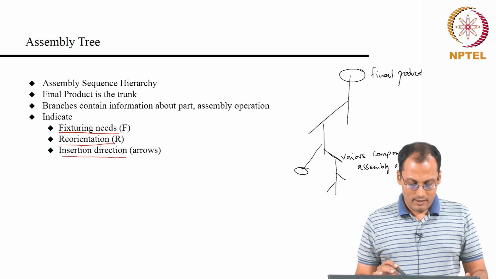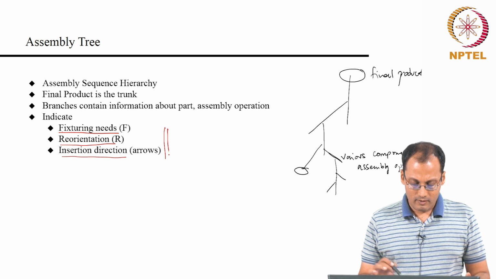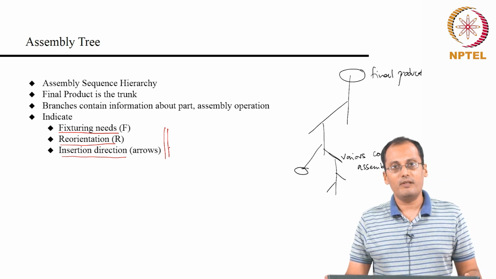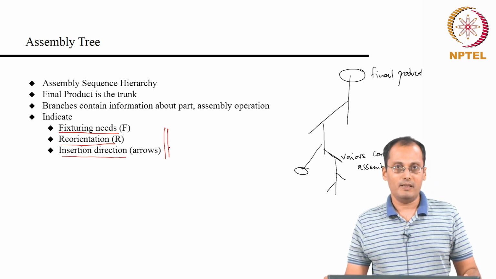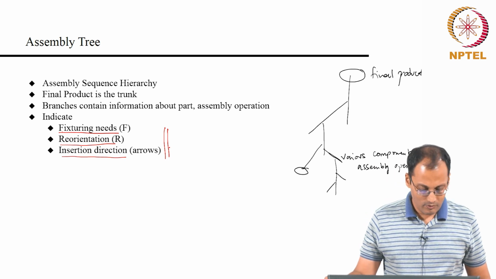So, these attributes affect the degree of difficulty of doing the assembly and thereby the time that is required to do the assembly.